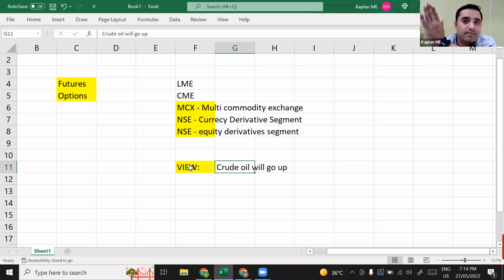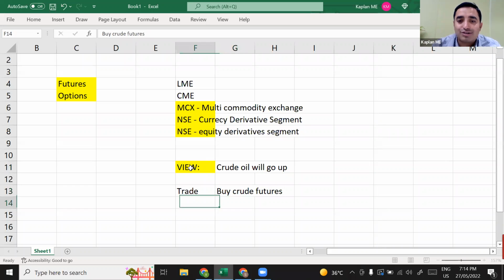But let's say my view is crude oil will go up. Now, a trade could be to buy crude futures. Now, you know what a futures contract is, right? It's a contract where you fix the price at which you will enter into a trade in future. So let's say 1 barrel right now is $110.